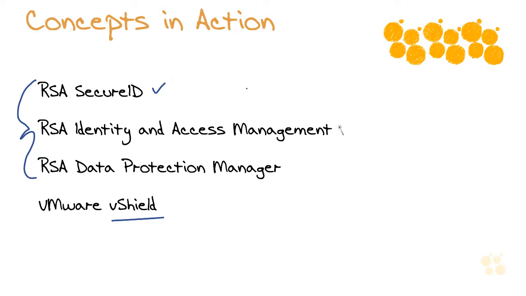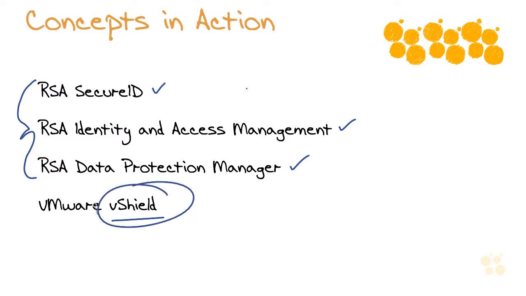There's RSA Identity and Access Management, which provides identity, security, and access control management for physical, virtual, and our cloud-based environments. There's RSA Data Protection Manager, which enables deployment of encryption, tokenization, and enterprise key management, and it tends to be more simple and more affordable than other solutions.